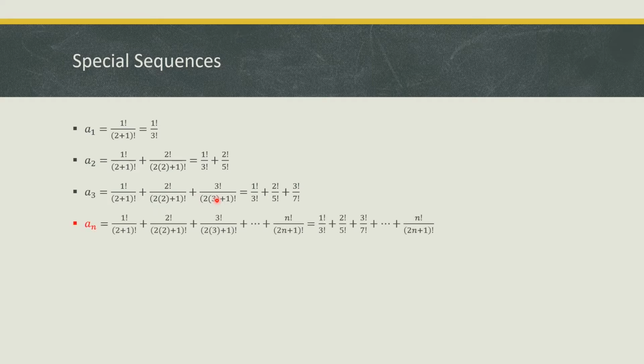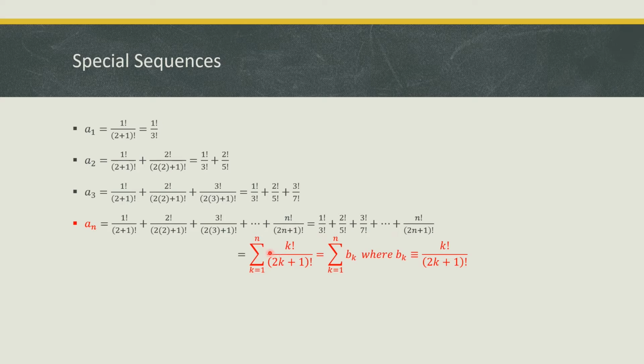And in general, we can write it as follows. The nth term is such that we have the previous term, plus the nth term of a sequence. So we can see that these terms also form a sequence themselves. And so the general form, the a sub n term, looks like this.